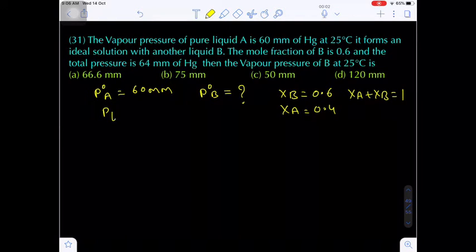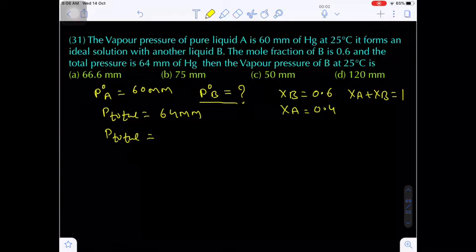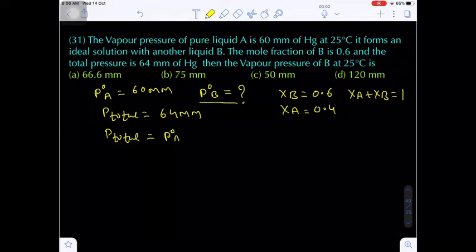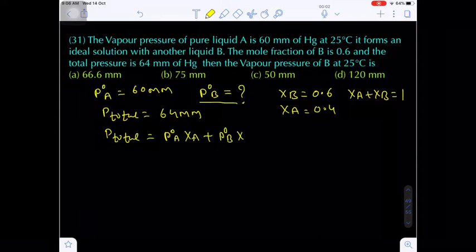Okay, and the total pressure, that means P total is given. The P total value is given as 64 mm. The question is find the vapor pressure of pure component B. Now from Raoult's law, P total will be equal to P naught A Xa plus P naught B into Xb.